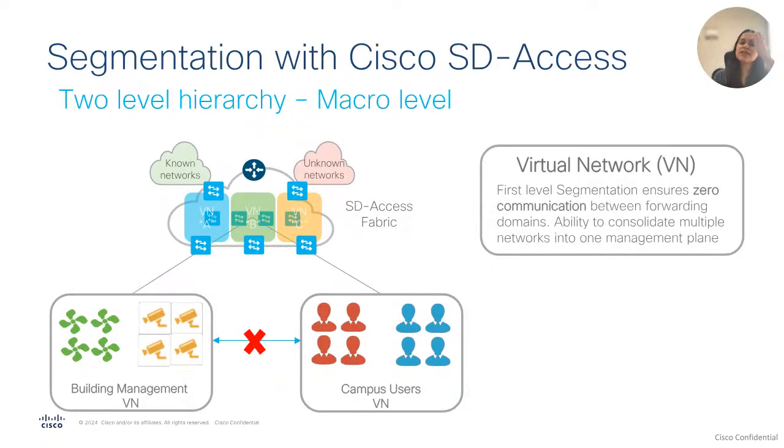Now, Catalyst Center basically supports two concepts of segmentation, macro and micro segmentation. Let's talk about macro segmentation first. Macro segmentation in Catalyst Center refers to creating virtual networks, which is really what we refer to as VRFs in traditional networks.